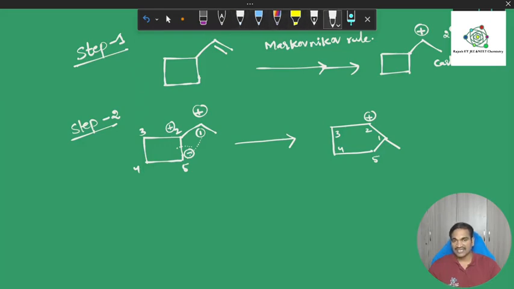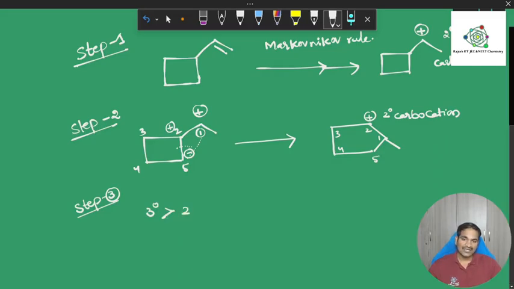Now step number 3. After ring expansion, a hydride shift takes place. Here on the second carbon, the positive charge is there. It is a second degree carbocation. But when compared to second degree, third degree is more stable.